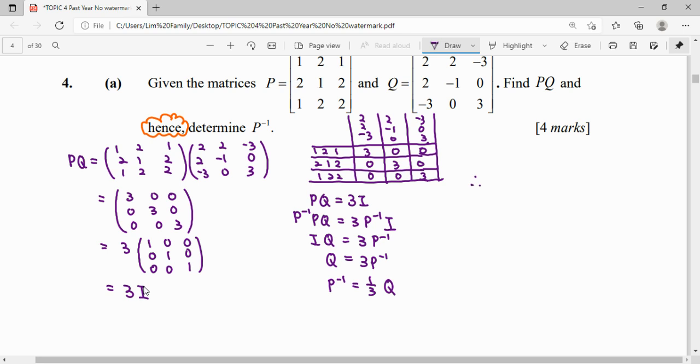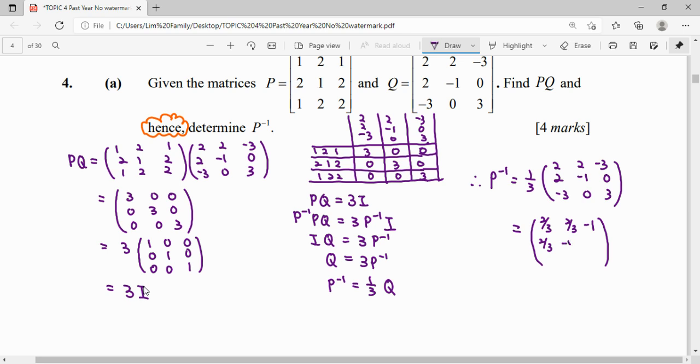So therefore, we can plug in our value. P inverse is 1 over 3 Q, which is 2, 2, negative 3, 2, negative 1, 0, and then negative 3, 0, 3. So our answer here is 2 over 3, 2 over 3, negative 1, 2 over 3, negative 1 over 3, 0, negative 1, 0, 1.